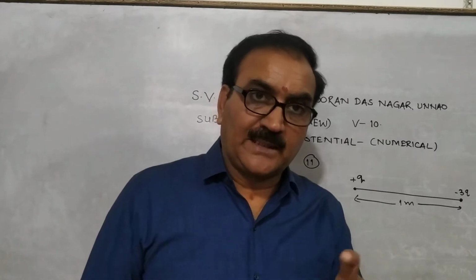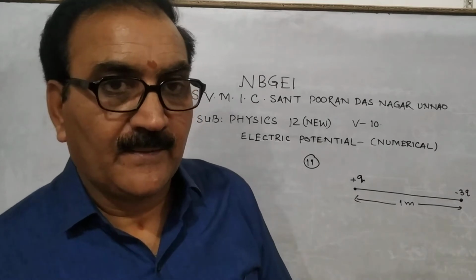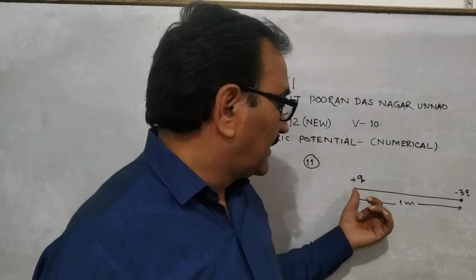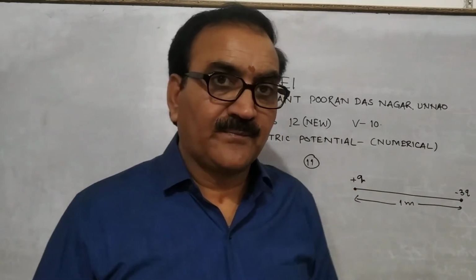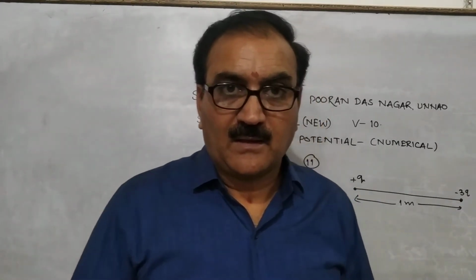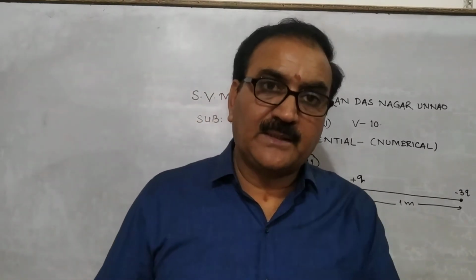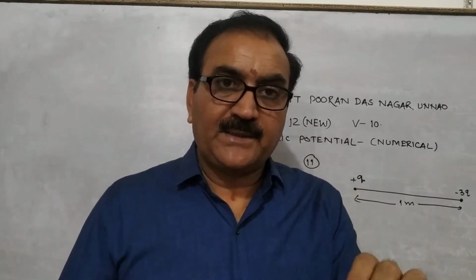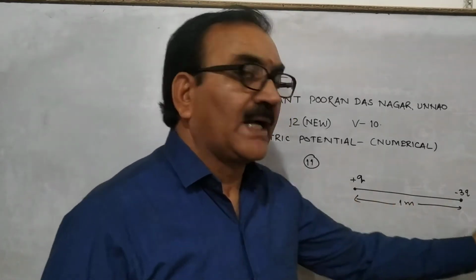So first calculate the electric field, because you have already studied it in the first chapter. To get the electric field on the line joining be zero, it is very clear that if charges are of opposite nature, then obviously the neutral point, the point where electric field is zero, will be outside the line joining the charges.